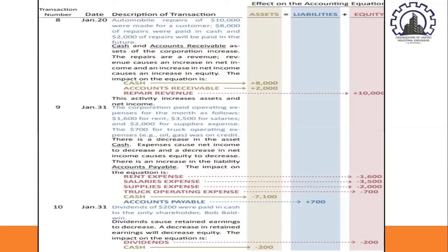You have cash, since you receive a down payment of 8,000, so that's plus 8,000 under assets, and your accounts receivable, because the other 2,000 will be paid sometime in the future. That is considered an accounts receivable, or a collectible of your company. So plus 2,000 under assets.